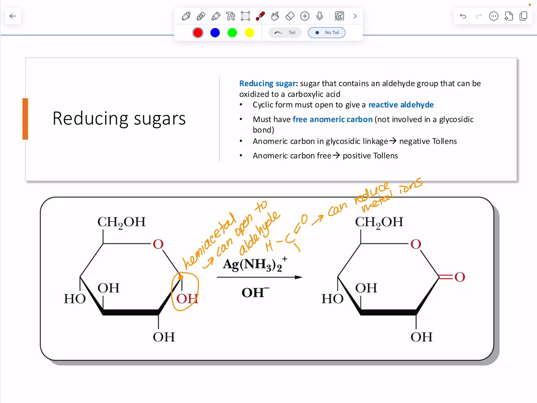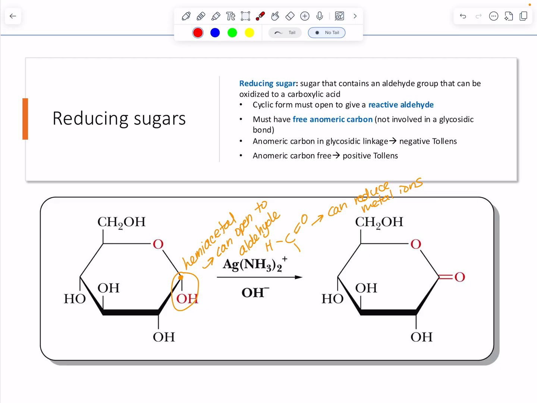They're called Benedict's or Tollens tests. They have silver ions, for example. There's a really fun thing where you can make a silver mirror by exposing a solution of silver ions to a reducing sugar, and the silver gets reduced to metallic silver, and it coats the glass of the reaction vessel, and it makes a very nice shiny mirror.